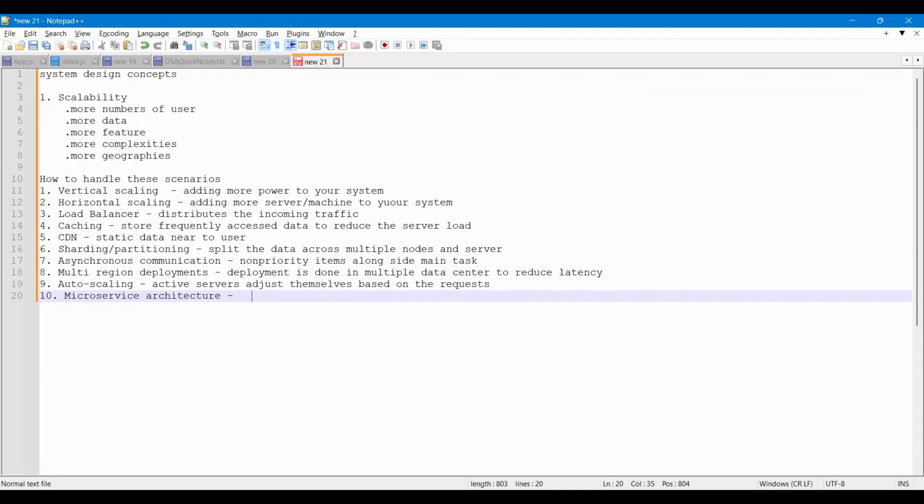Our application will be divided into small independent services that can be scaled independently.